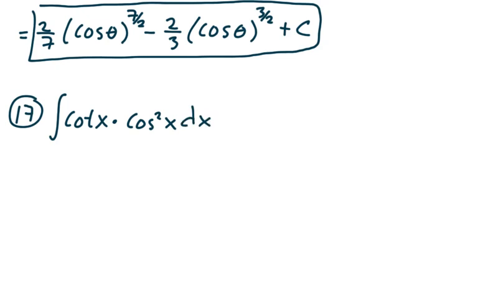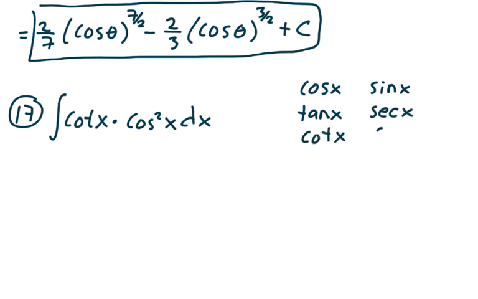Now, something to keep in mind here before we try to attack this problem. The way trig functions are paired off, typically speaking, is like this. Cosine of x gets paired off with sine of x. Tangent x gets paired off with secant x. And then cotangent x gets paired off with cosecant x.